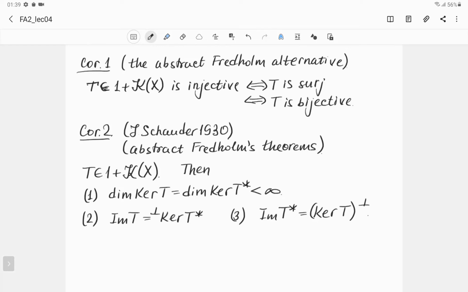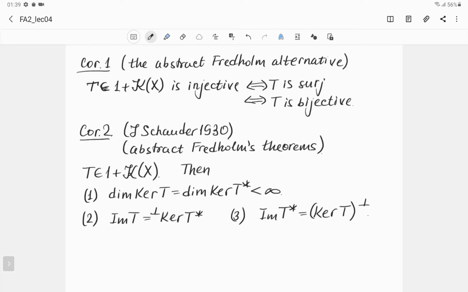But this wasn't the case in 1918 when Riesz theorem was proved, and this wasn't trivial in 1930. So this result wasn't trivial, and it was originally proved by Schauder.